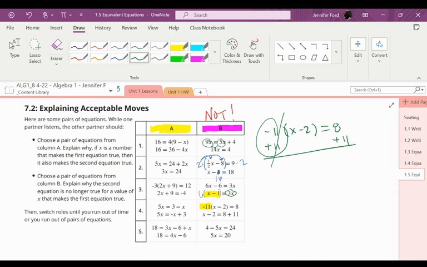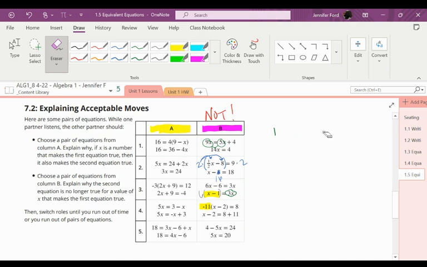Okay. And then the last one. Oh, the last one is tricky. They almost got it right. The last one: 4 minus 5x equals 24.